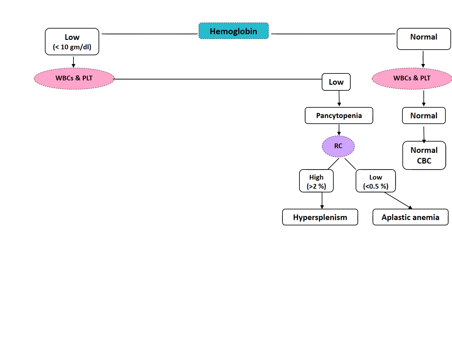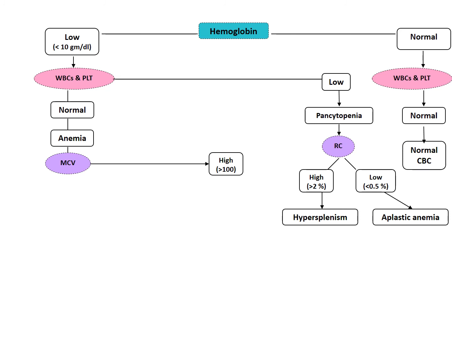Let's go back to the CBC if the white blood cell count and platelets are within normal. So we are dealing with a patient with anemia only. Whenever you have a patient with anemia, you have to look further at the blood indices like the MCV, because if the MCV is high, more than 100, expect macrocytic anemia like megaloblastic anemia, vitamin B12 and folic acid deficiency.